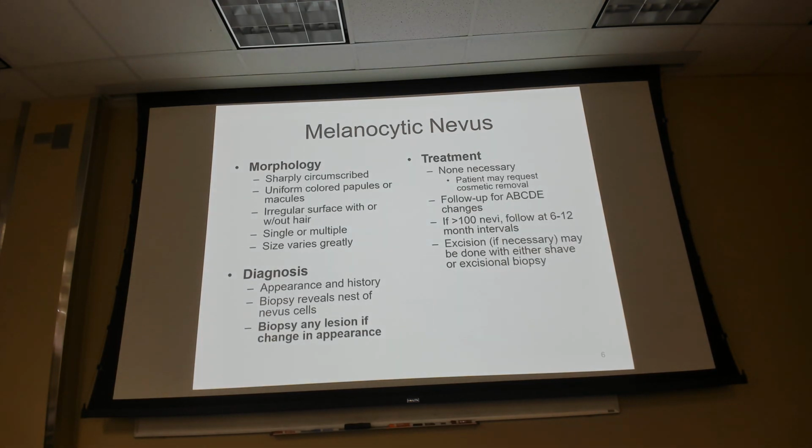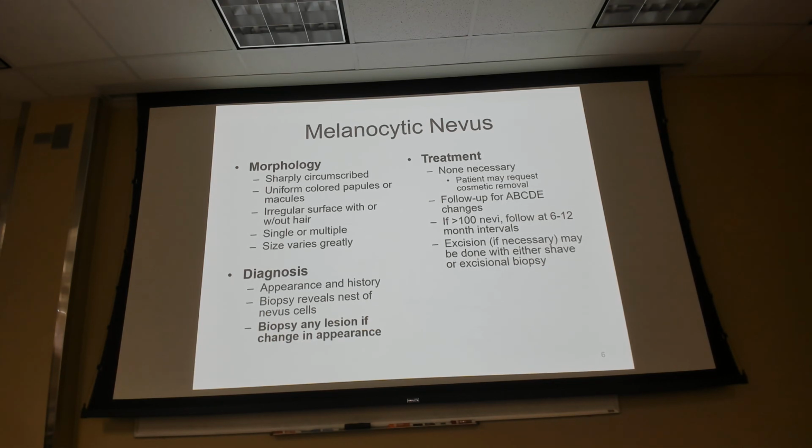With these things, you can see how they are circumscribed, right? So it's all sharply defined in how it looks. It's uniform, right? So it's going to be one color throughout the mole. It's not going to look like the SCC, the BCC, and the AK that we talked about yesterday, where it's all different colors surrounding that.